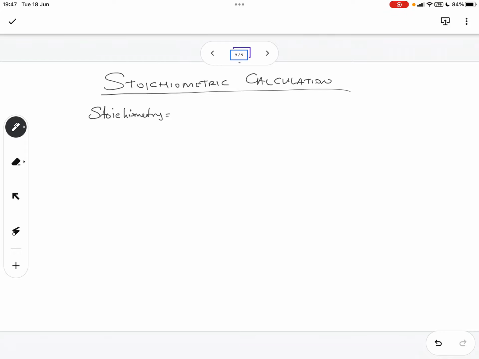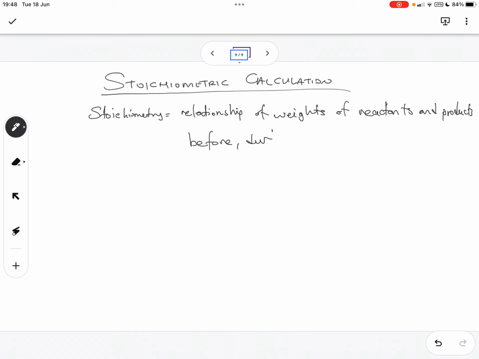So we basically measure the relationship of weights of reactants and products before, during, and after a reaction.